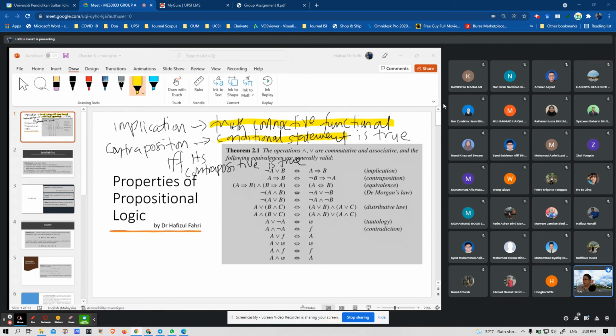We have looked into two properties of propositional logic. First one is implication, second one is contraposition, and the third one is equivalences.